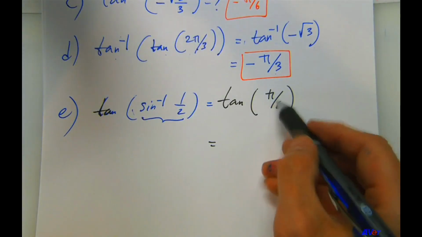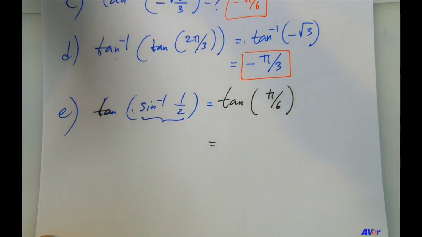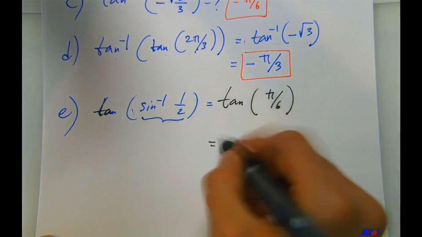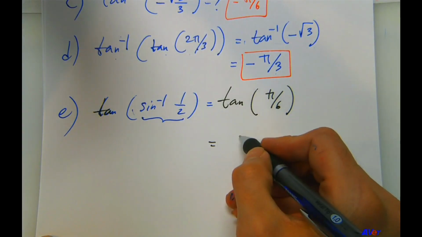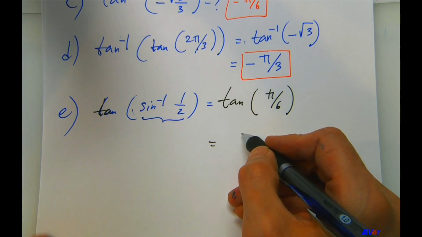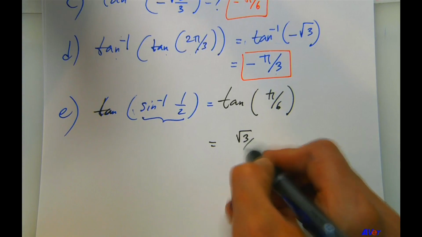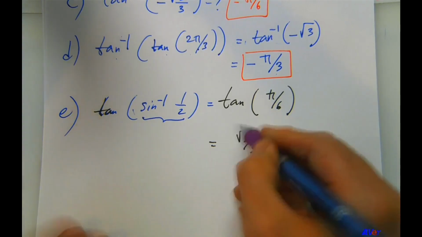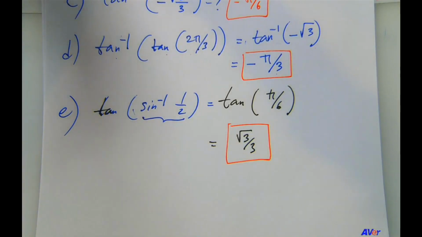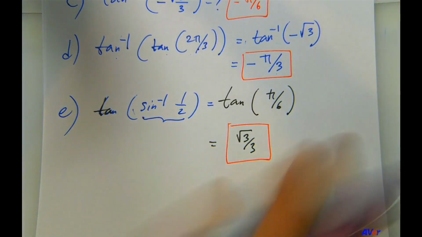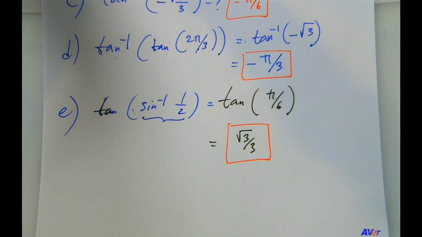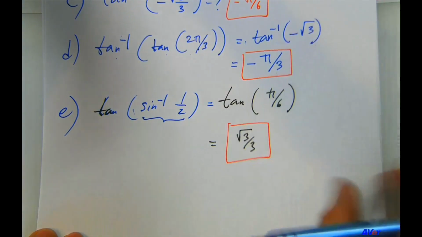And note that this is between negative pi over 2 and pi over 2, right? So we can easily get the value from the special table of trigonometric values. So this is square root of 3 over 3, like that. Okay, so let's move forward with the inverse secant function.